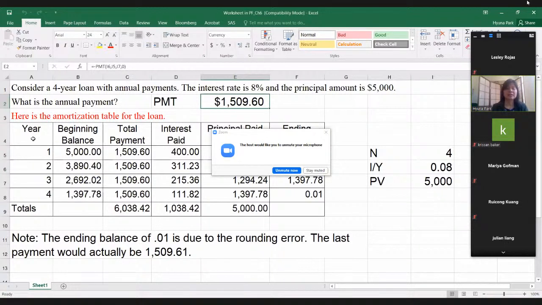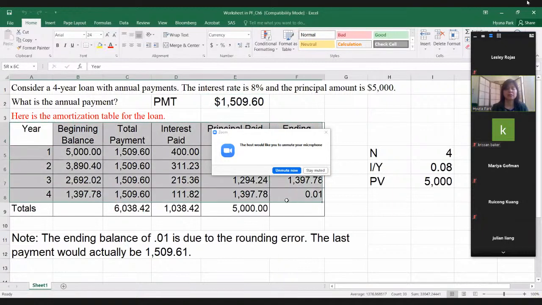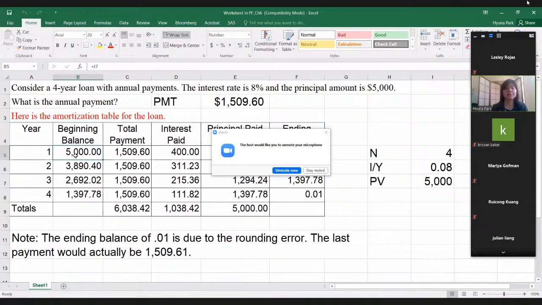So this Excel file shows how this loan payoff works. At the beginning of the first year, there is a 5,000 loan balance, and the payment comes from this annuity payment calculation. The annual payment has two components. Interest: how do you calculate the interest amount?